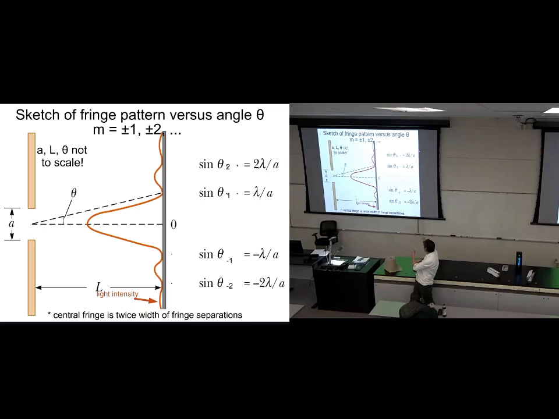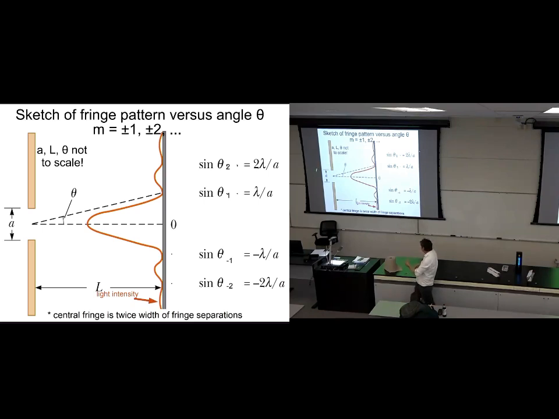That's when the sine of the angle is 2 lambda over A. And the third dark fringe, I didn't mark that, but it's labeled with an integer, m equals 3, and that's when sine theta equals 3 lambda over A. And so those are the arrangements of dark fringes.